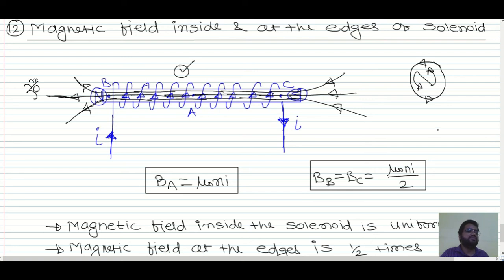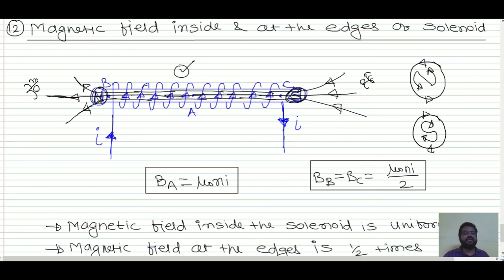For anti-clockwise we have the north pole, and for clockwise we have the south pole. So in S we have clockwise, and in N we have anti-clockwise current, isn't it? So this is how you have to remember, right? So this is anti-clockwise indicates north pole this side, and if you see from this side, it is the clockwise current. So clockwise indicates the south pole over here.